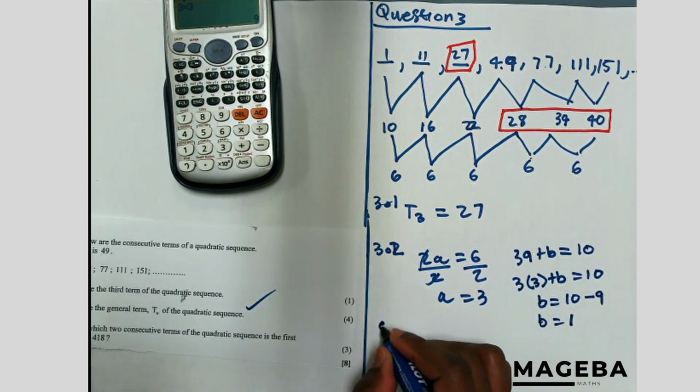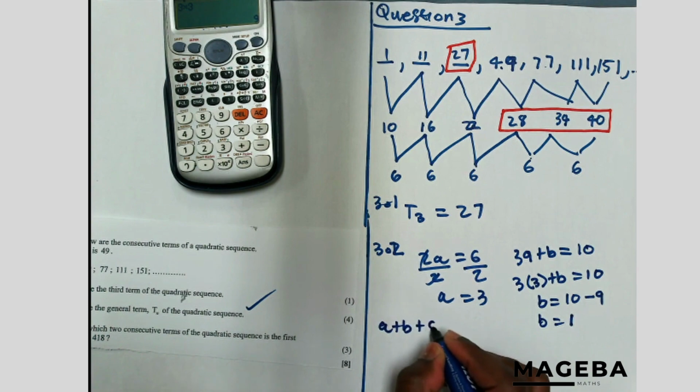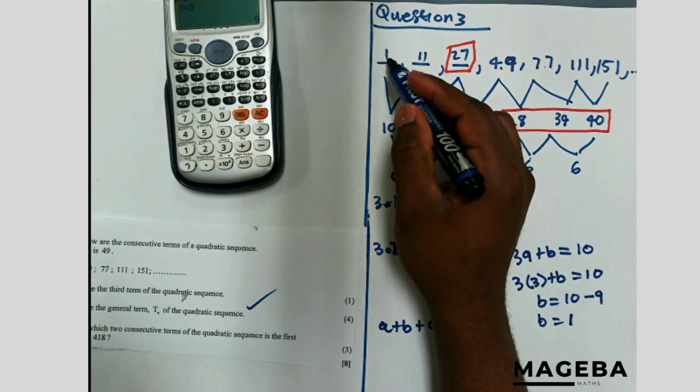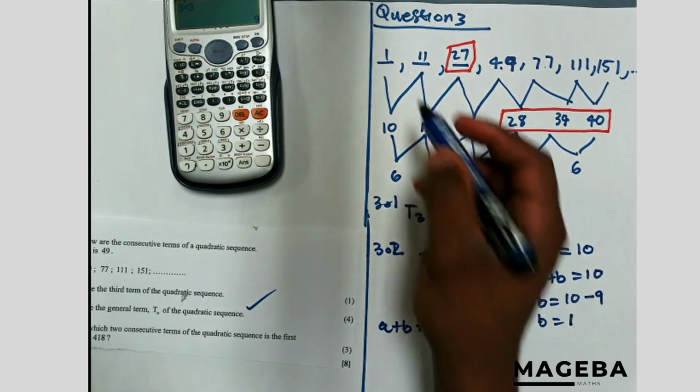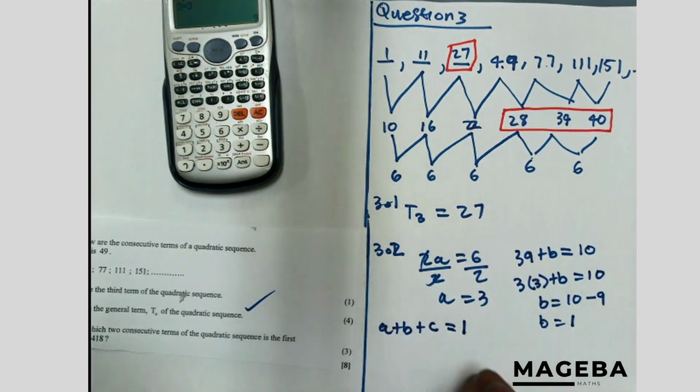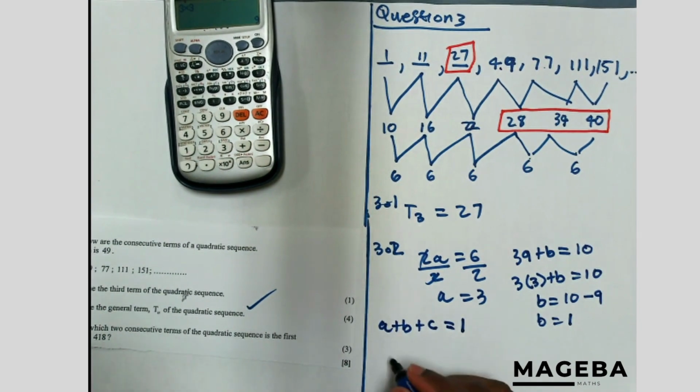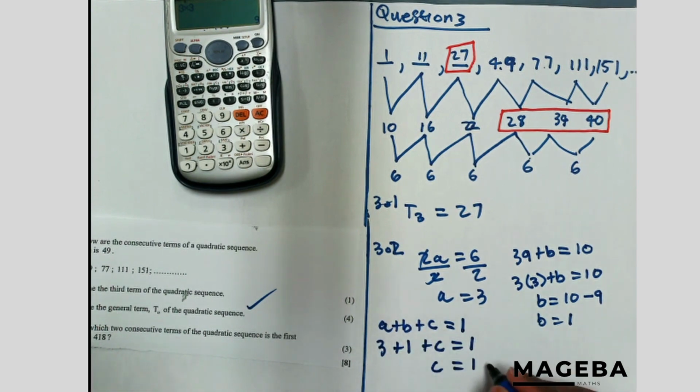Then a plus b plus c equals the first term, which is 1. If we didn't have this first term, we wouldn't find our formula. So a is 3, b is 1, and 3 plus 1 is 4, so c is 1 minus 4, which is minus 3.